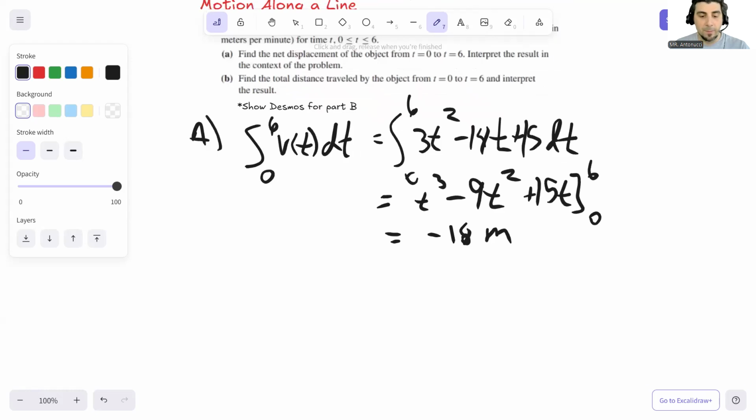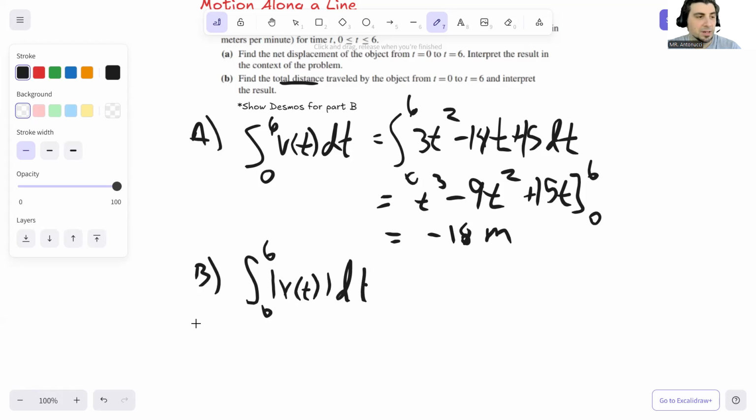For part B, however, we want to find the total distance traveled. For this one, this would be the integral from 0 to 6 of the absolute value of v of t dt. Now the problem with this is that the velocity may take on negative values on this interval. So we can take the velocity function, 3t squared minus 18t plus 15, set it equal to 0, and factor it.